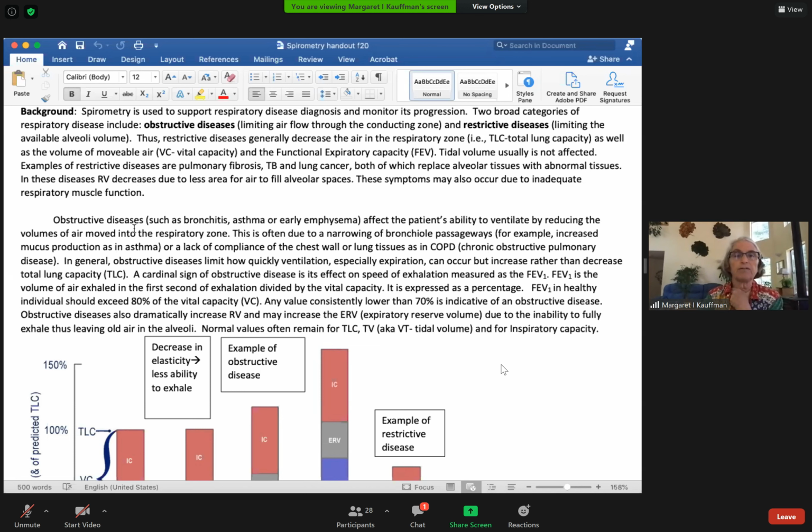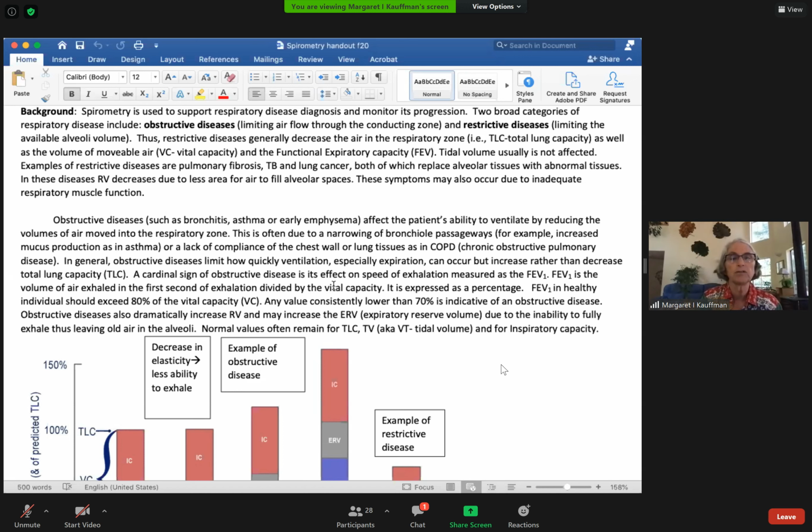In the case of obstructive diseases, and I give a few examples here, the patient is unable to ventilate as easily because the ventilation is unable to get through, or in the case of emphysema, the tissue isn't quite as elastic, isn't quite as compliant. And the way this shows up in your spirometry isn't by changing the total lung capacity. That often stays pretty much the same.